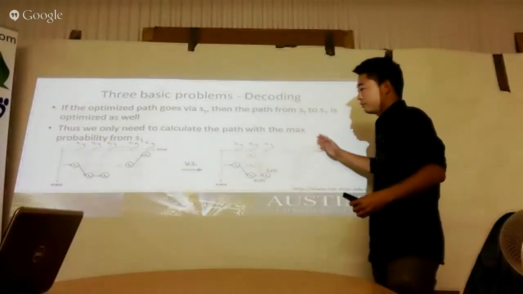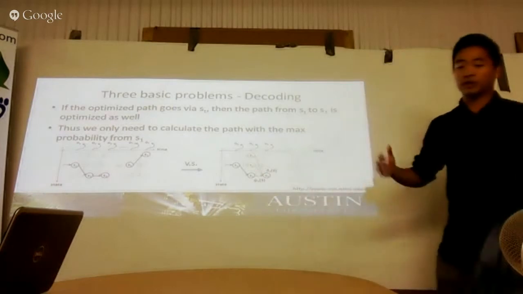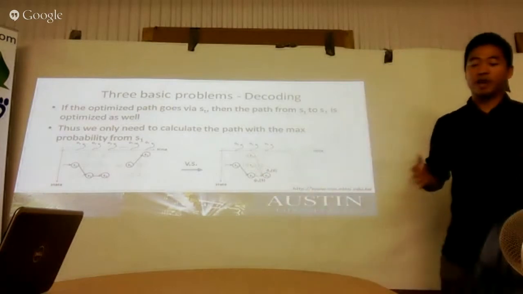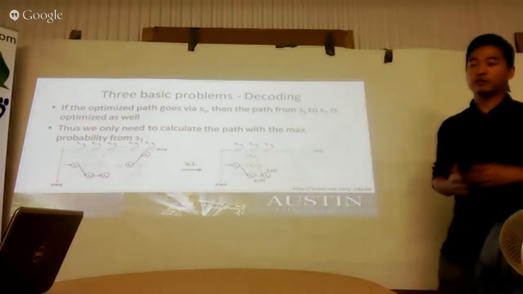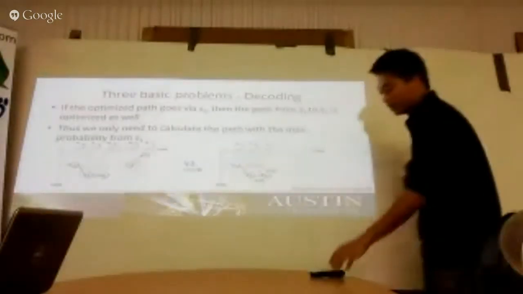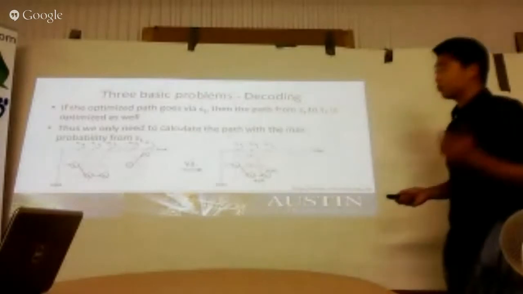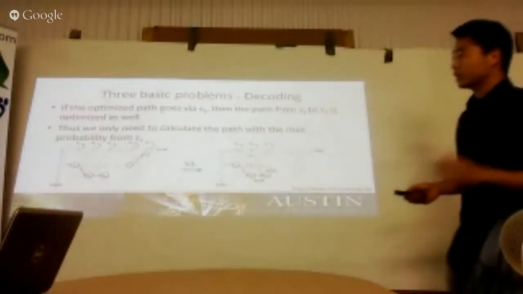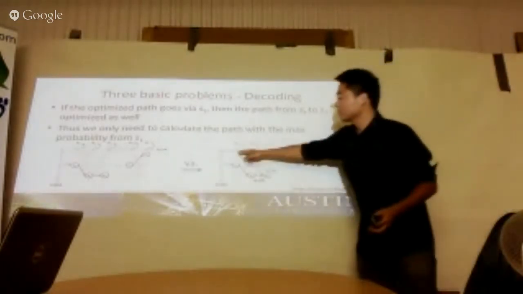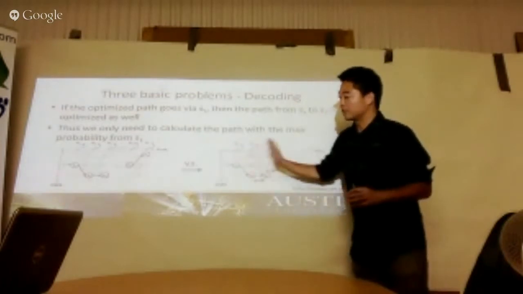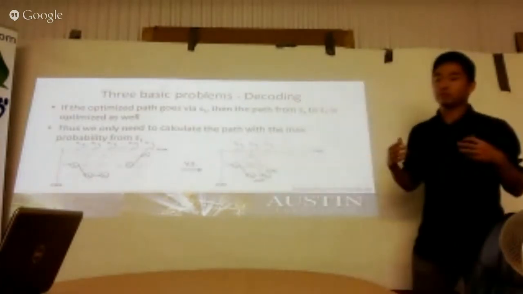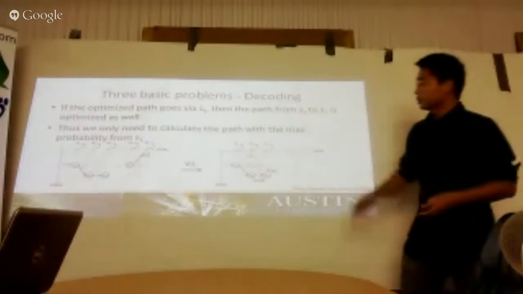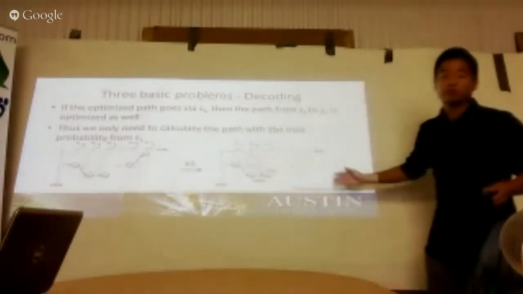If you go backwards, you just always calculate the path that gives you the best probability by buffering all the rest of the information. That is similar to the previous question, except that instead of buffering the sum of the previous states, we buffer the maximized value here. That just gives you the right path.